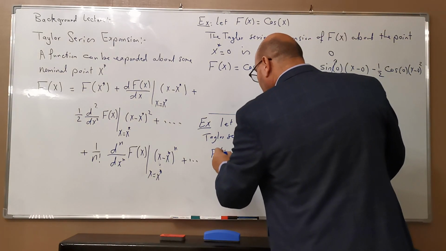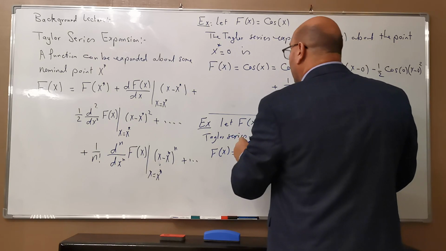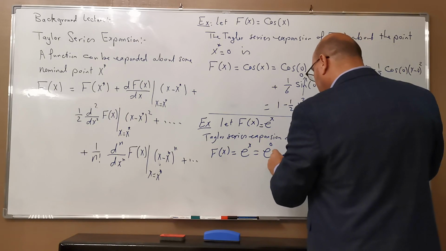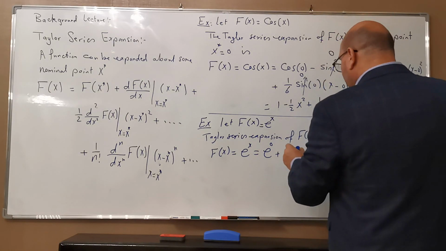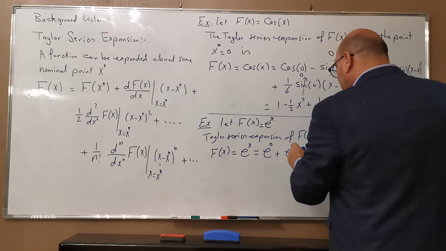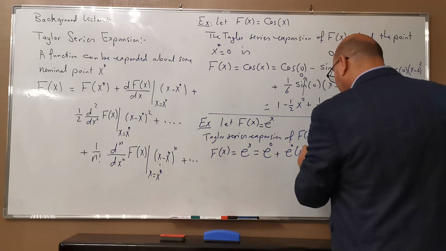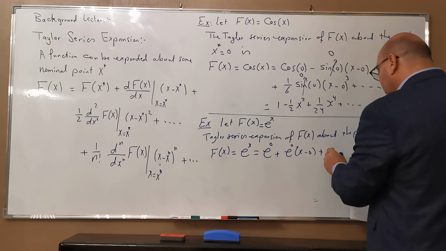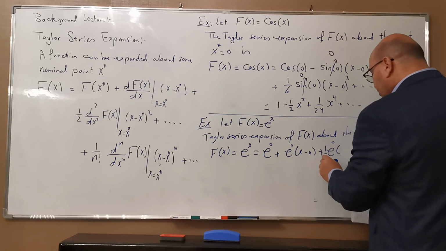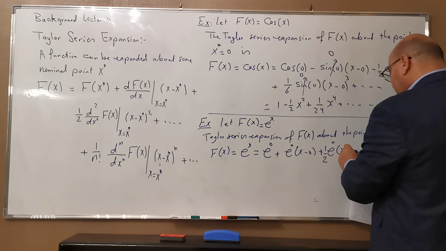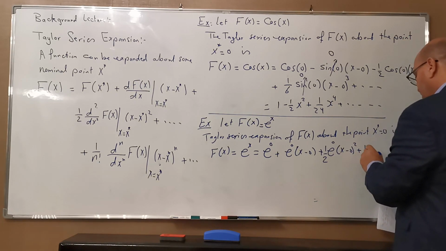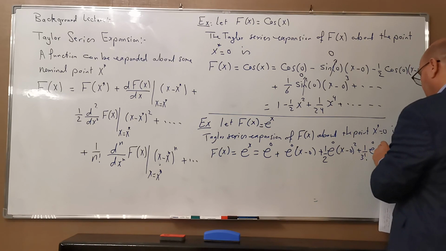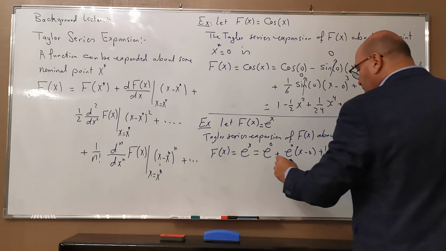f of x, which is equal to e to the x, which is equal to e to the 0 plus the derivative of f of x, e to the 0 times x minus 0 plus the second derivative of e to the x, which is also e to the 0, 1/2, sorry, e to the 0, x minus 0 squared plus 1/3 factorial e to the 0, x minus 0 cubed, and we continue.